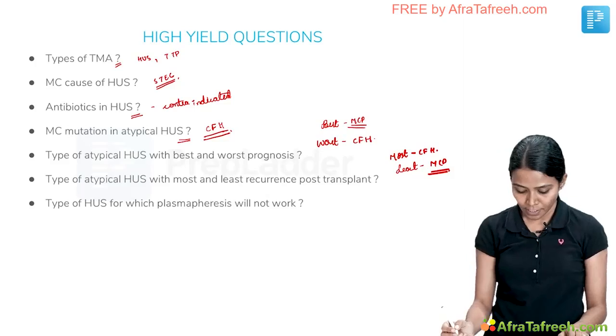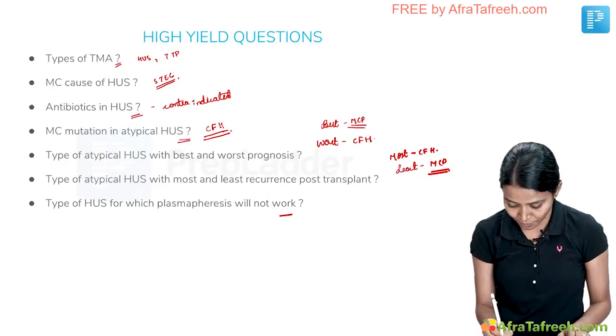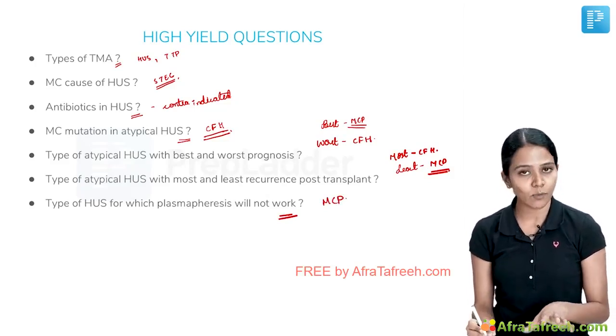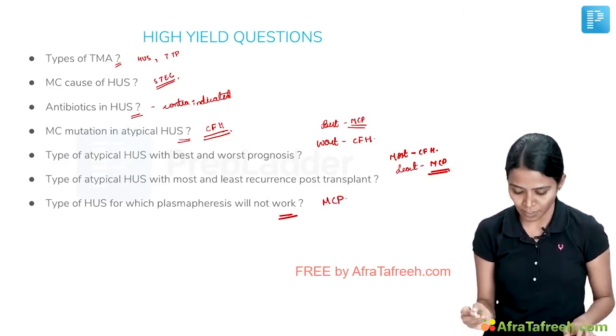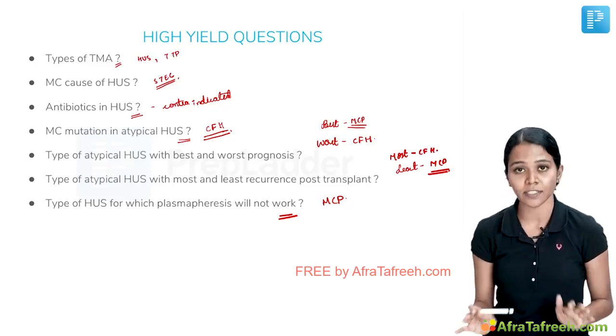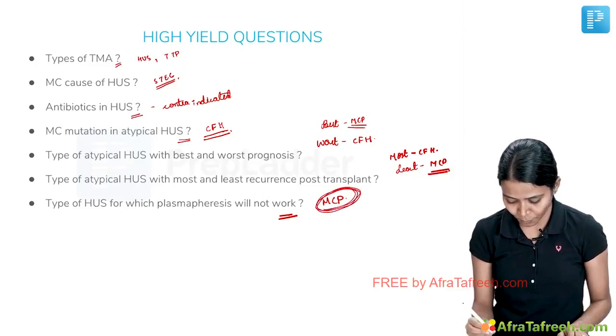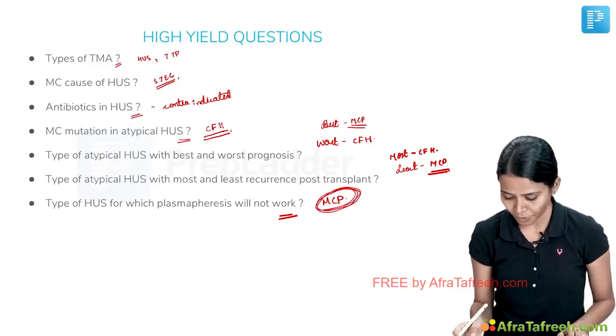Another important thing is the type of HUS for which plasmapheresis will not work is membrane cofactor protein. All these high yield questions have been asked multiple times as MCQs, so please revise this section before exam. So, in membrane cofactor protein, the plasmapheresis is not going to work.